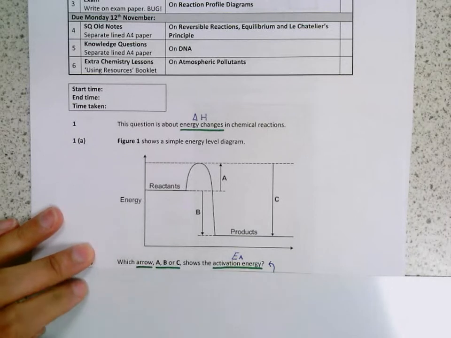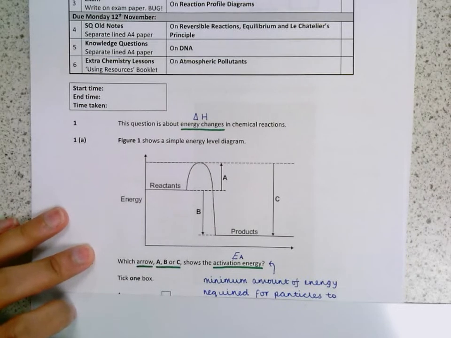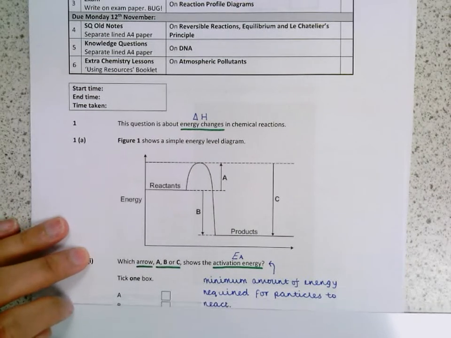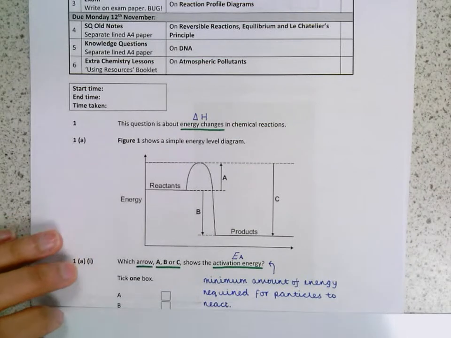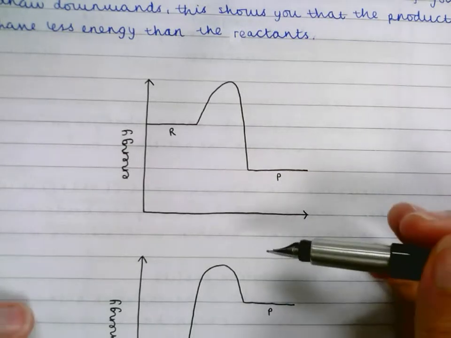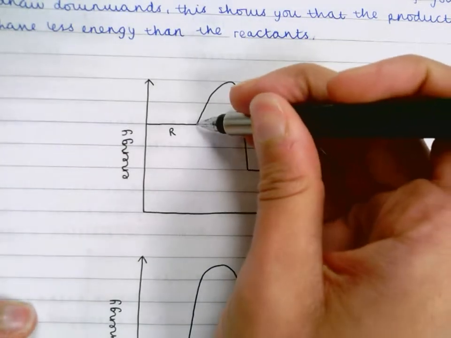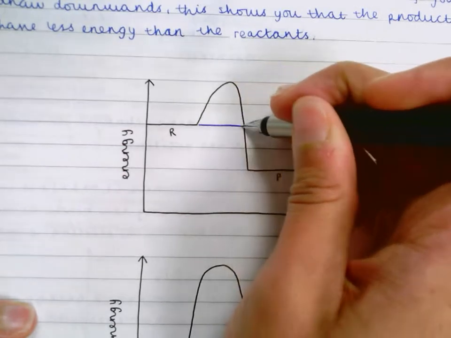a subscript capital A. Now, just to remind you, activation energy is the minimum amount of energy required for particles to react. Now, just to show you here, from the reactants, you should always draw a continuing horizontal line along the page.